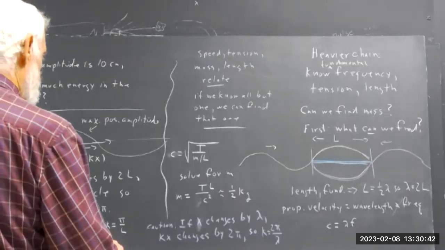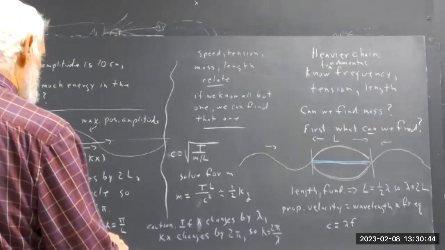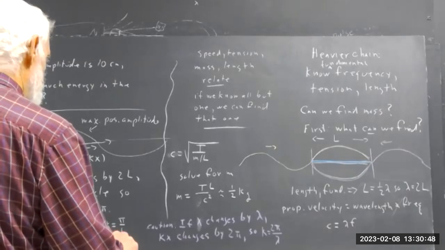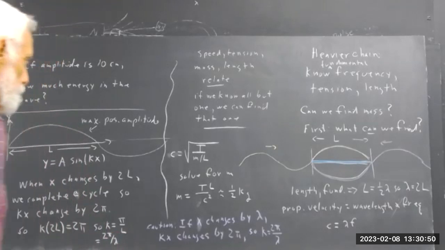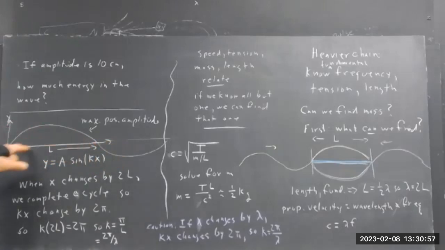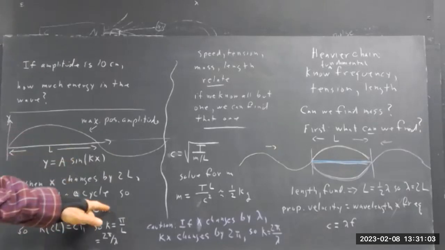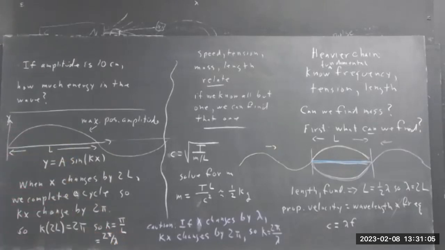So I'm going to say K equals pi over L equals 2 pi over lambda, which is more general. I'm just talking about the fundamental here, so just one arc of the sine function. And this works, but we'll do it in terms of lambda.